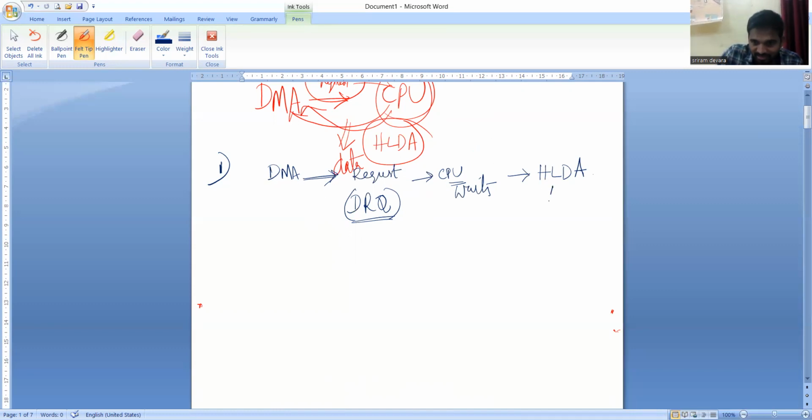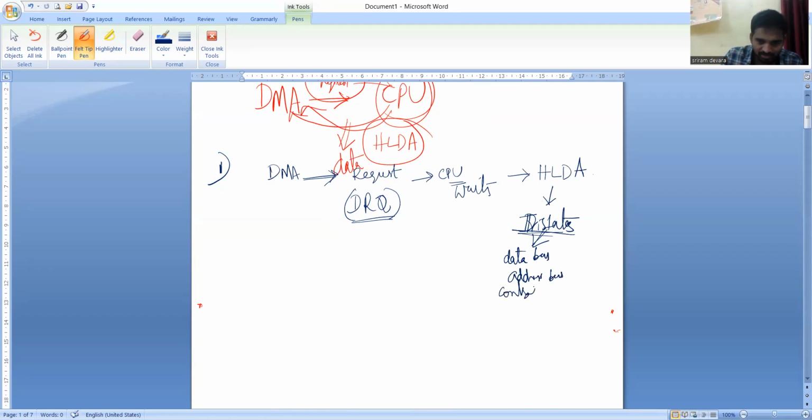After this HLDA signal, the microprocessor or microcontroller, whatever it is, if it is a CPU, the microprocessor tri-states all the buses. Tri-stated means high impedance to all the buses: data bus, address bus, and control bus.